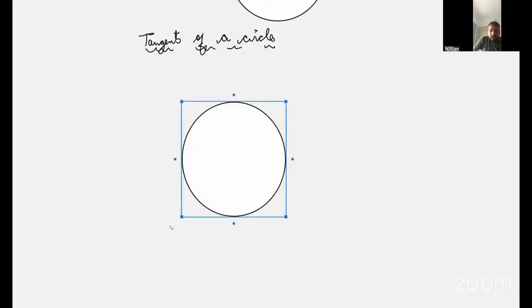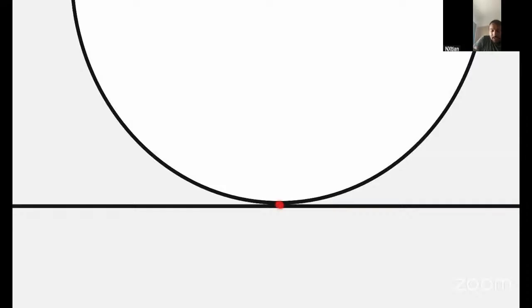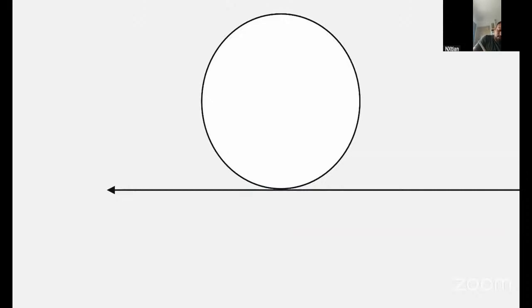For example, this is a circle, and if a line is just touching a point of the circle, this is called a tangent. If a line is just passing and touching the point of a circle, you can see only this point is touching, no? Okay, that line is called the tangent of a circle.